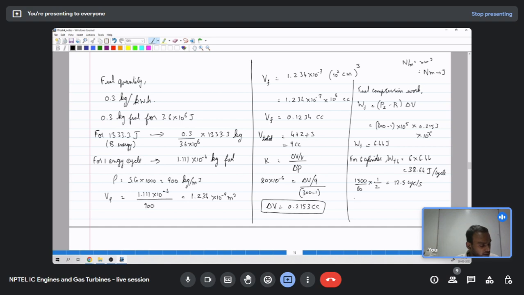Power lost during compression is 38.64 joules per cycle, so I have to multiply into 12.5, and that is 483 watts.